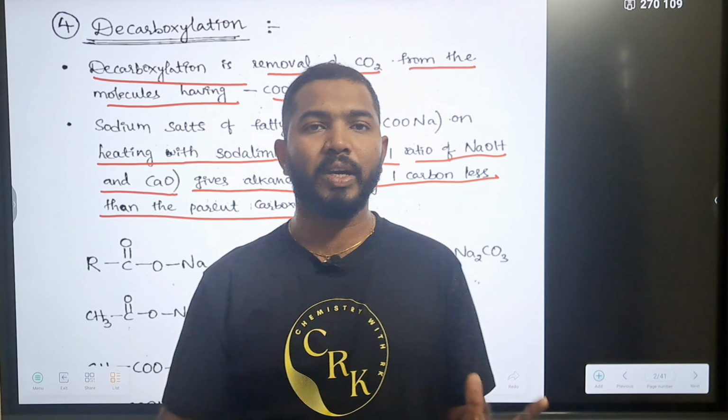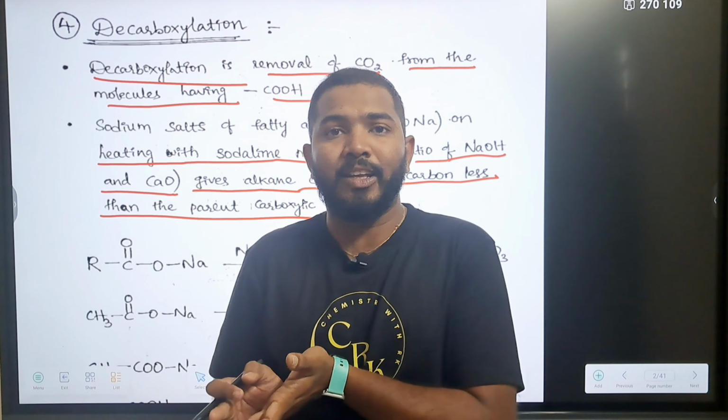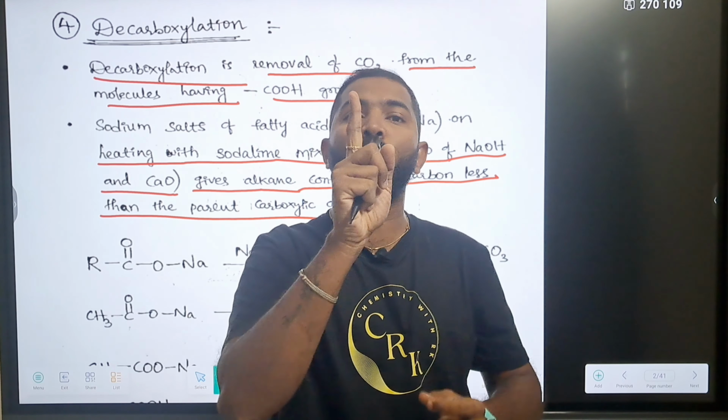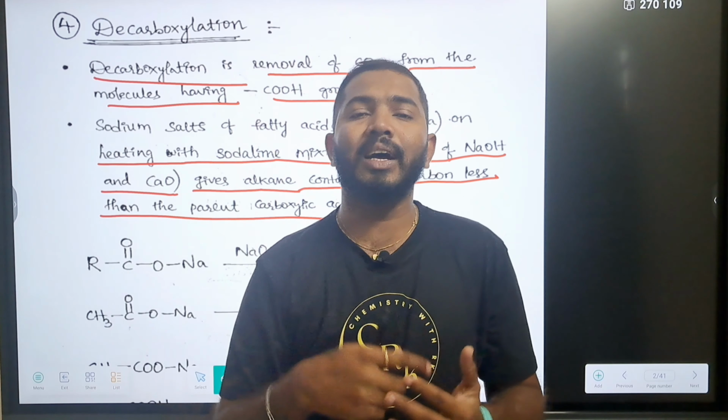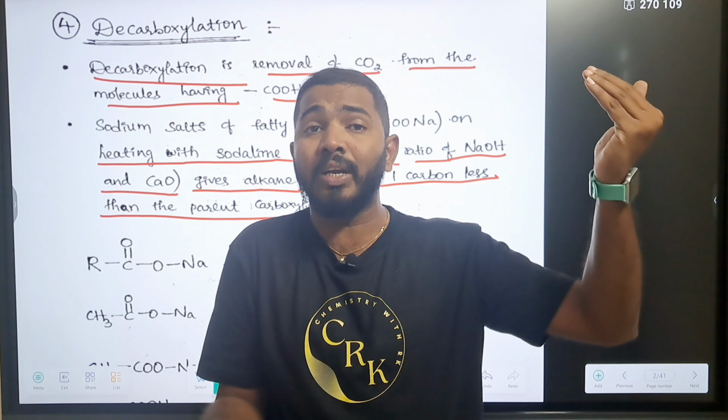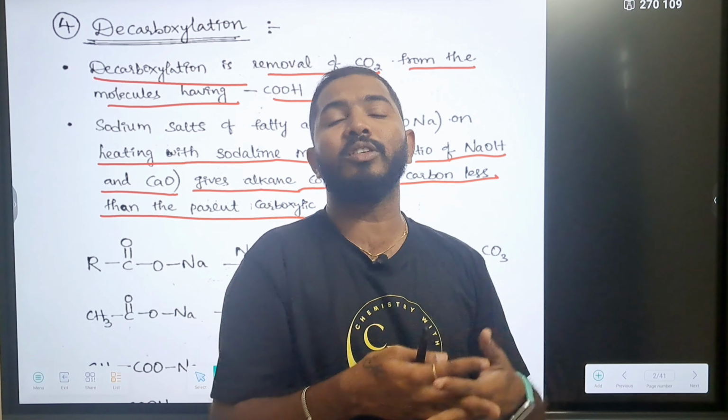This is very important. What does it mean? If we take the sodium salt of a carboxylic acid containing two carbons, we get an alkane with only one carbon. Where does the other carbon go? It goes out in the form of CO2. That is what decarboxylation means.